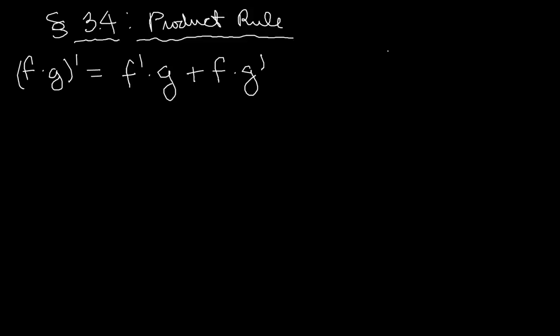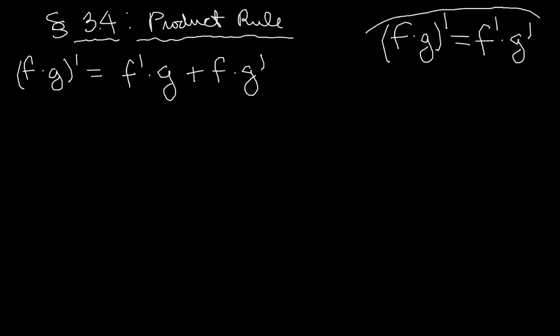And I'm also going to put here in the corner that it's not equal to f prime times g prime, just to emphasize that that's not the case. Okay? So let's do this example first.